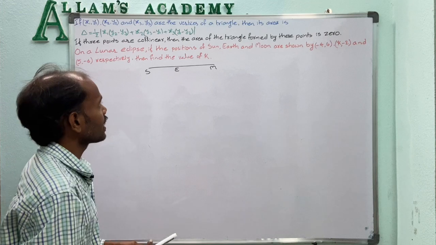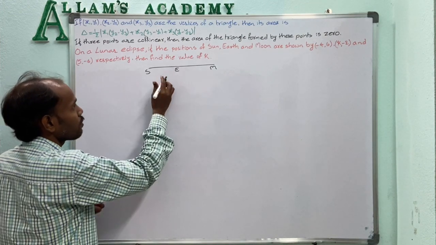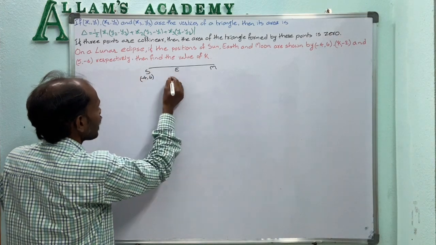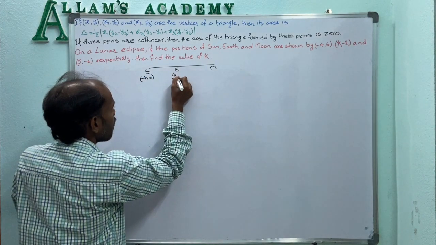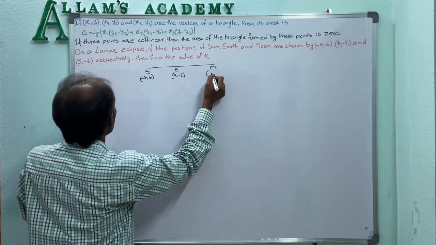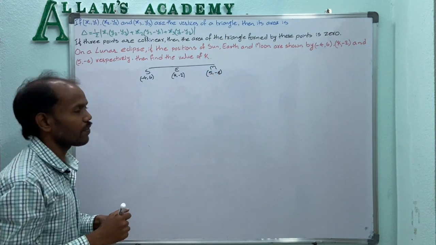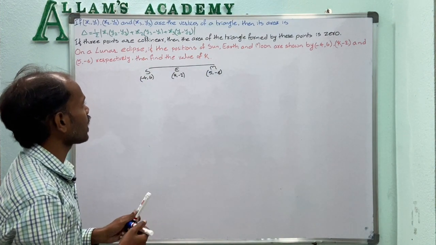The points represented by the sun are minus 4 comma 6, the earth are k comma minus 2, and the moon are 5 comma minus 6. Now we have to find the value of k.